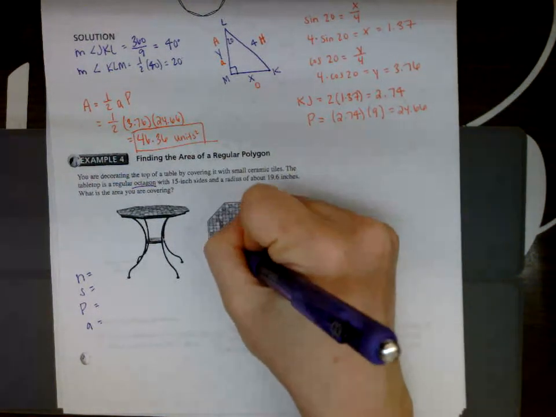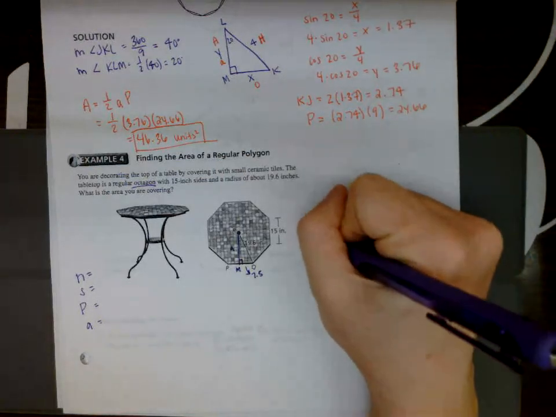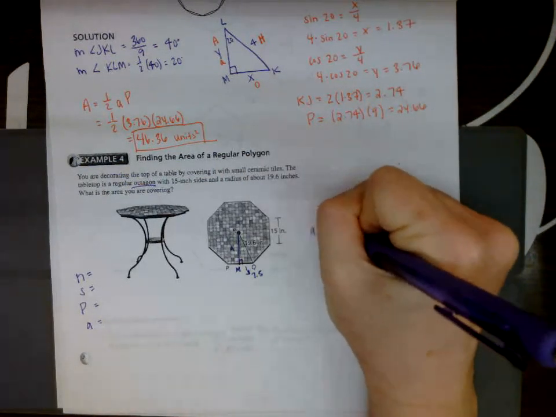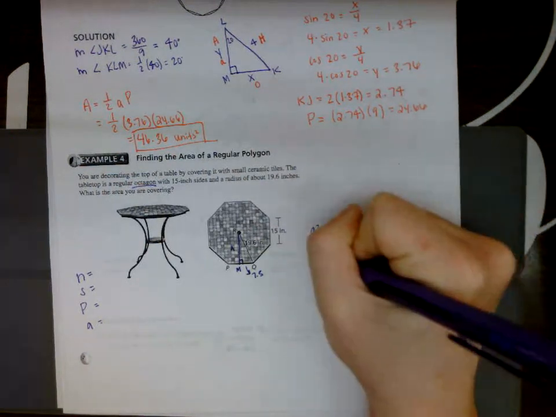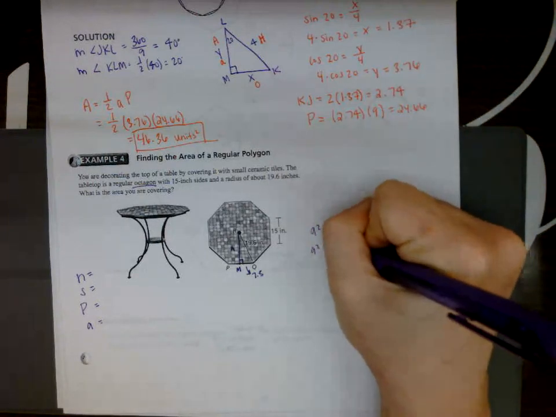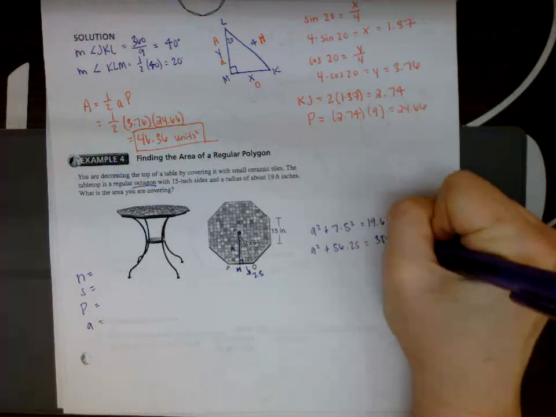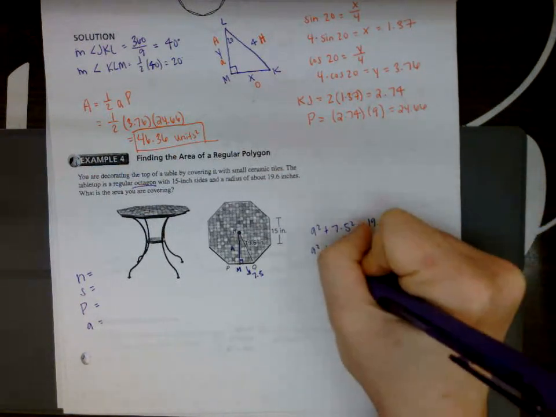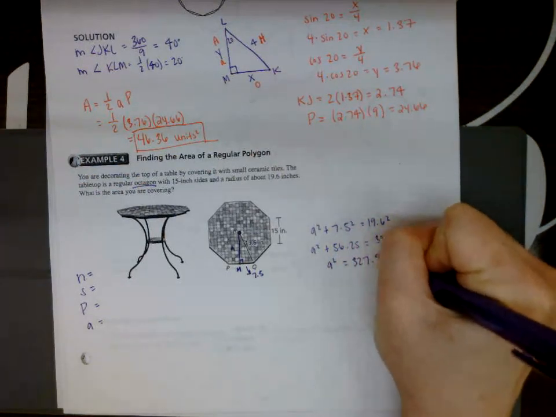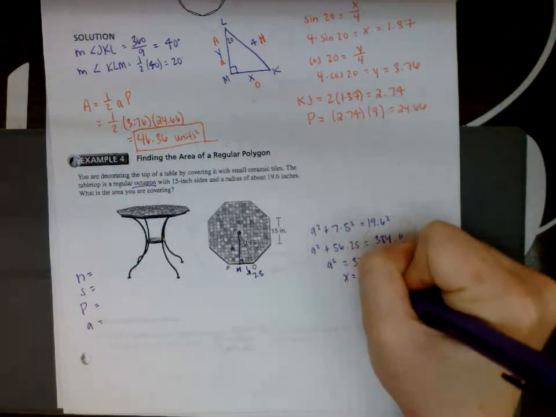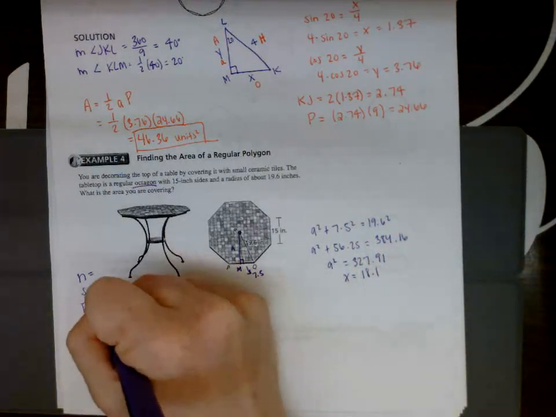So if I want to find what this apothem is, I am going to take a squared plus 7.5 squared equals 19.6 squared. You get a squared plus 56.25 equals 384.16. Subtract 56.25 and you get 327.91. Take the square root and you get a equals 18.1. Okay, so my apothem is 18.1.